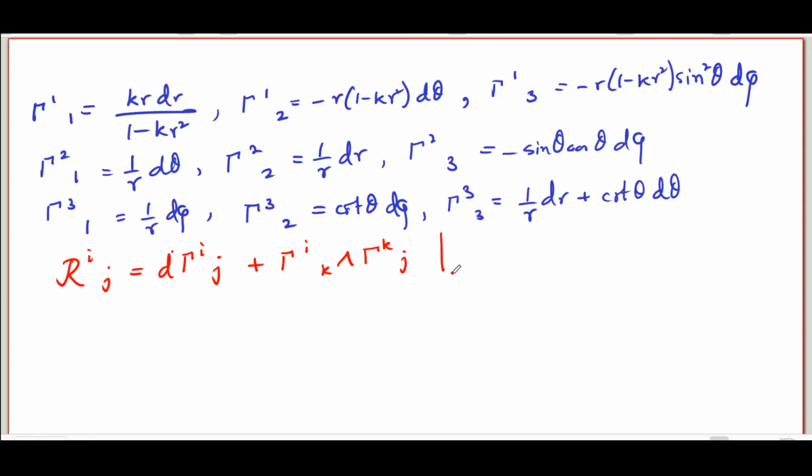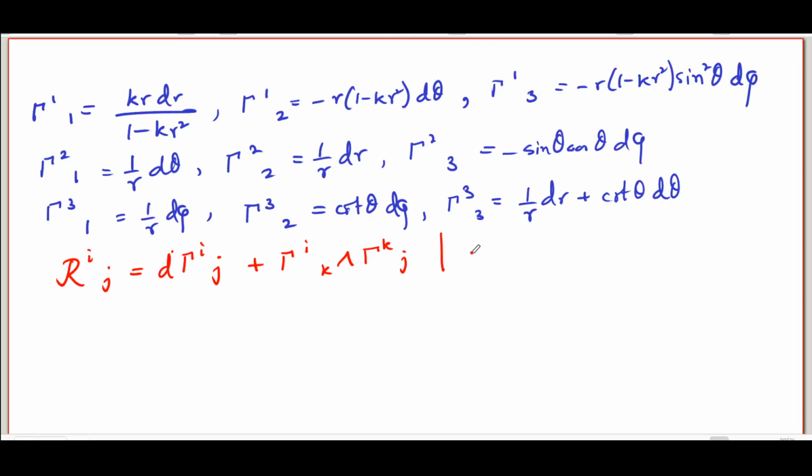And let me just remind you, in case you have forgotten, that the way in which you can calculate the exterior derivative of a form is very, very simple, especially when it's expressed in terms of the coordinate basis.